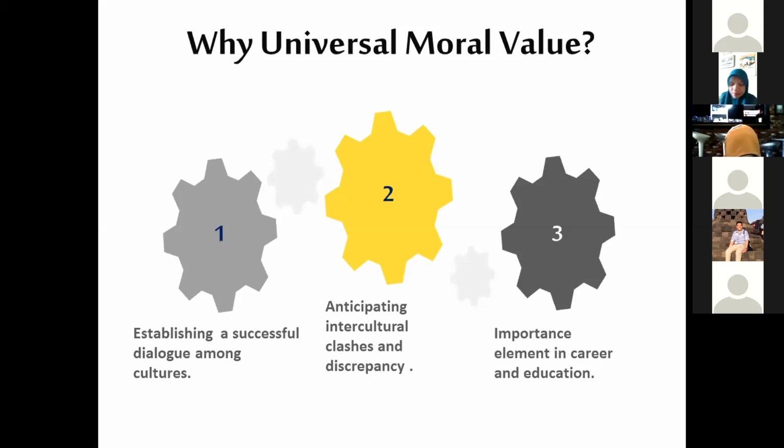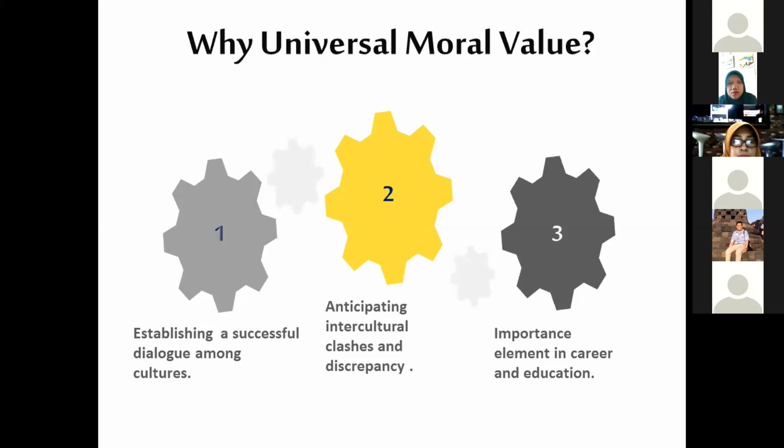And the next, understanding moral values among different cultures is an important element in career and education. It is interesting when Mr. Rajit showed the pictures in the class. Why do the Indonesian students stand in the same community? Because it is influenced by the moral values. Their attitude is controlled by moral value.